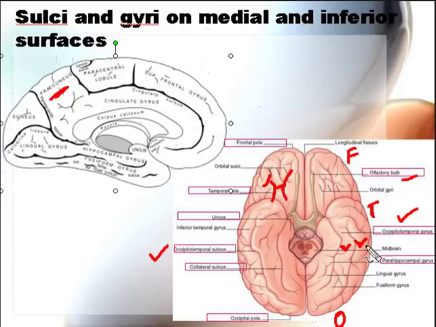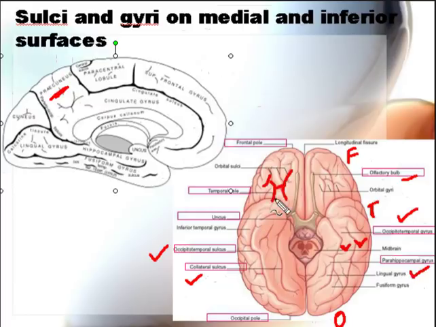Then another sulcus present here is called the collateral sulcus, and just medial to the collateral sulcus is again a very important area which belongs to the limbic system, which is known as the parahippocampal gyrus. So we have the cingulate gyrus and the parahippocampal gyrus, which are related to the limbic system. On the temporal lobe, this medial-most part here is known as the uncus.